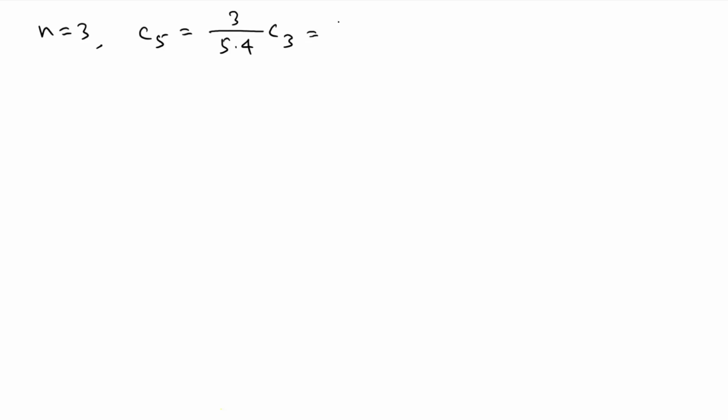We know C3, so it is 3 over 5 times 4, times 3 over 3 factorial, C1. So this is 3 squared over 5 factorial, C1.